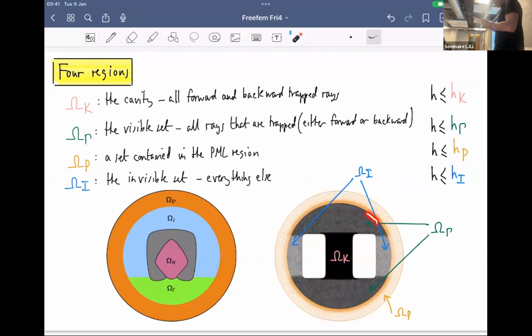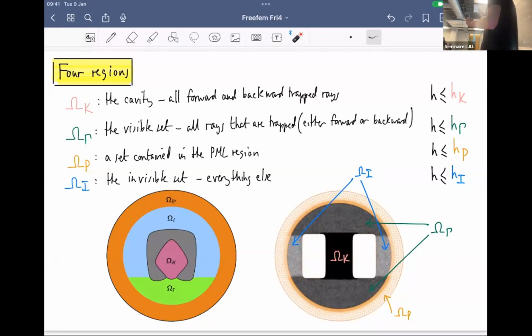Then in this visible set, I'm having a slightly bigger H. Then in the invisible set, I'm having a bigger still H. And then in the PML region, you can see I'm having an even bigger H. To get slightly technical, what we need is the mesh overall to be quasi-uniform on a scale of k inverse. So any ball of radius proportional to k inverse, I need the mesh to be quasi-uniform. So I'm transitioning between these regions, respecting that requirement.